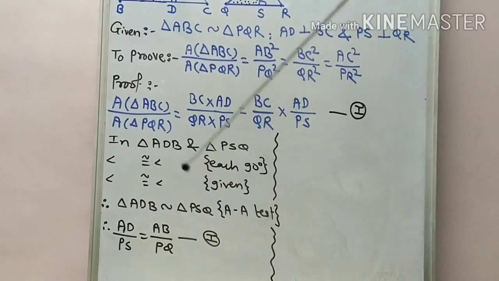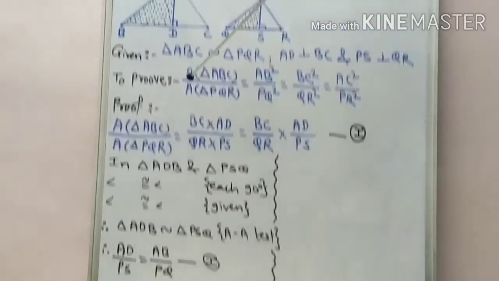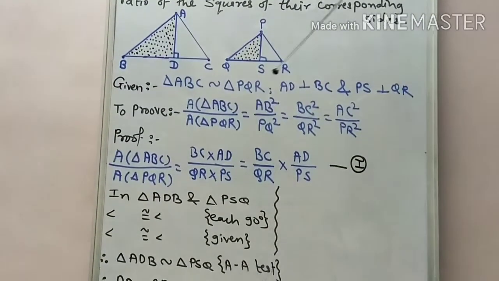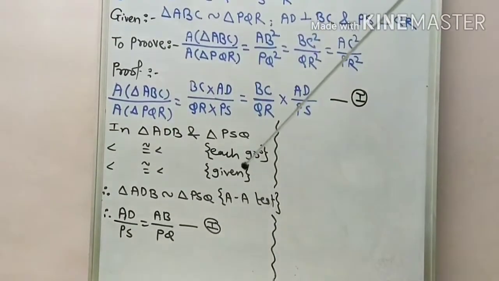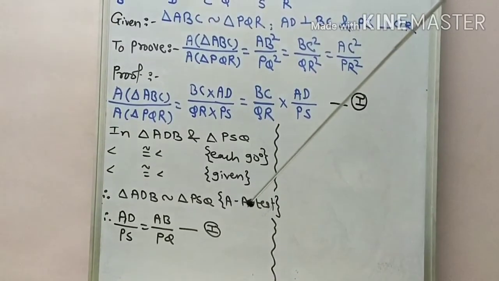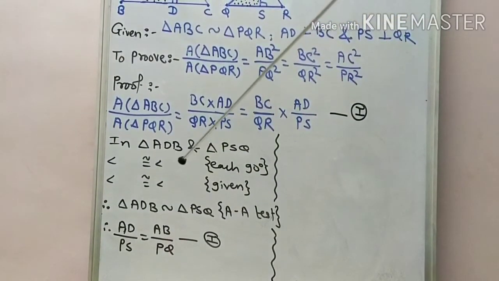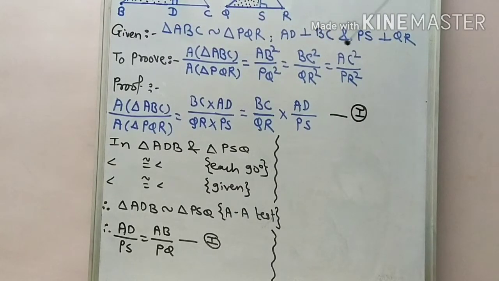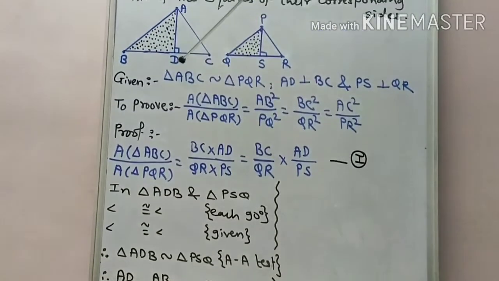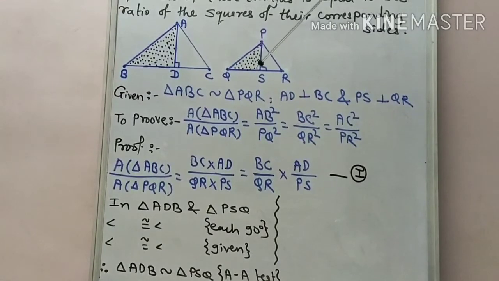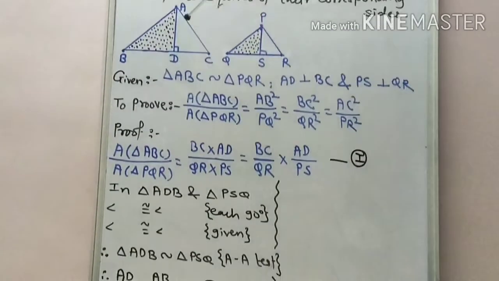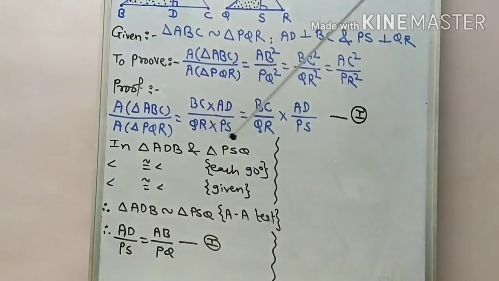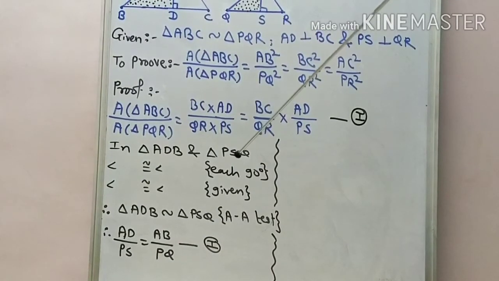First we have to prove that these two dotted triangles are similar, so we prove it by a test. In triangle ADB and triangle PSQ, in the given, AD is perpendicular to BC and PS is perpendicular to QR, meaning those angles measure 90 degrees, so angle ADB is congruent to angle PSQ, the first pair.